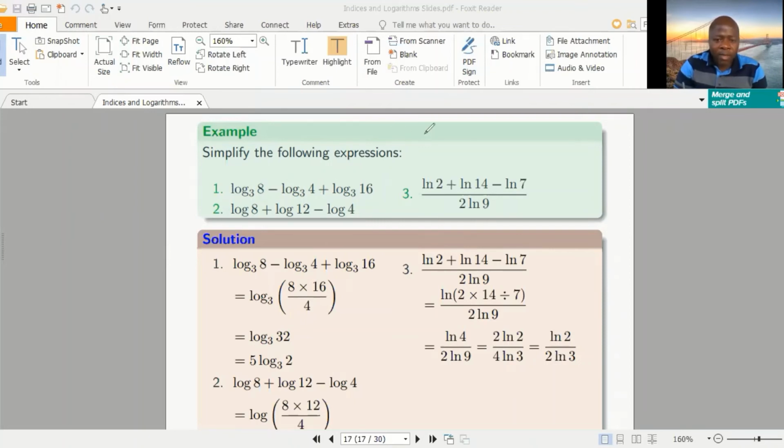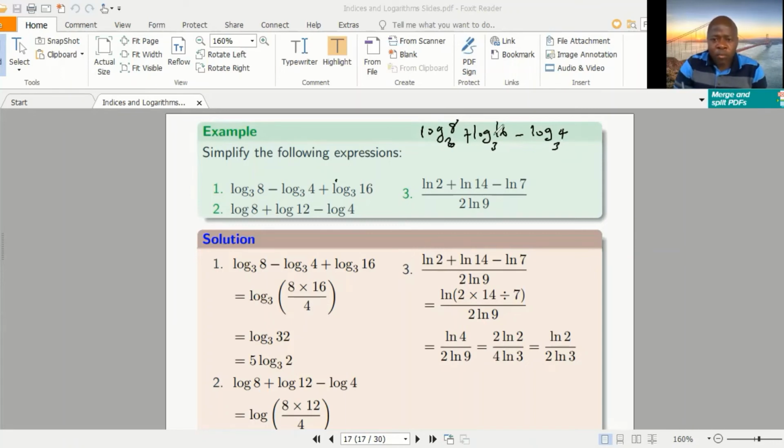What I have is log of 8 to base 3 plus log of 16 to base 3 minus log of 4 to base 3. So I've just rearranged.